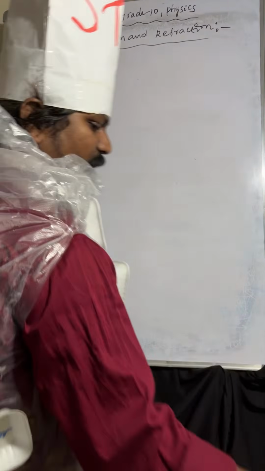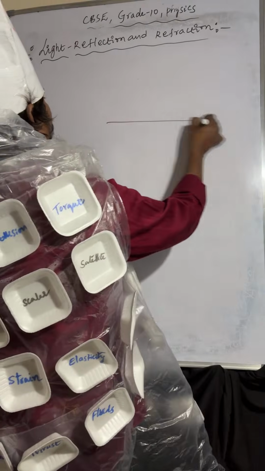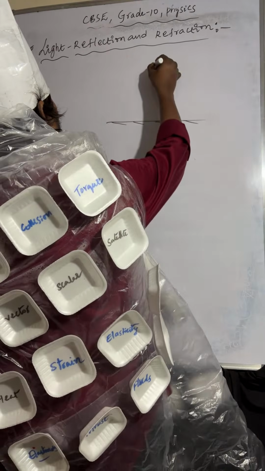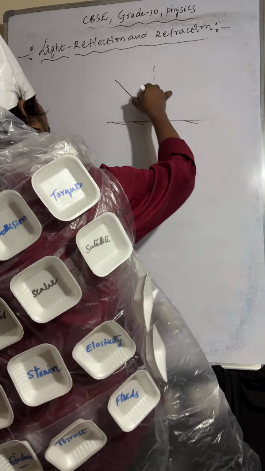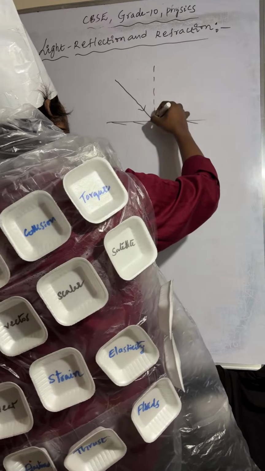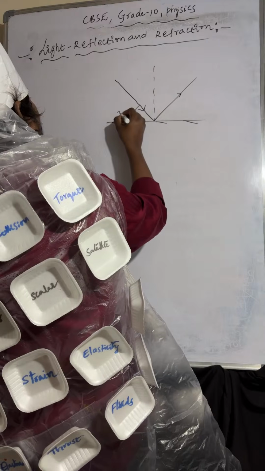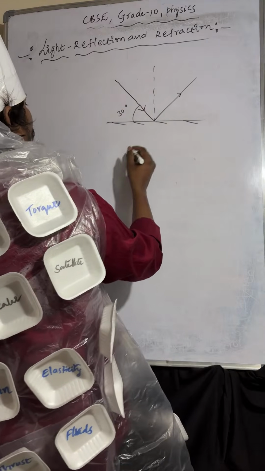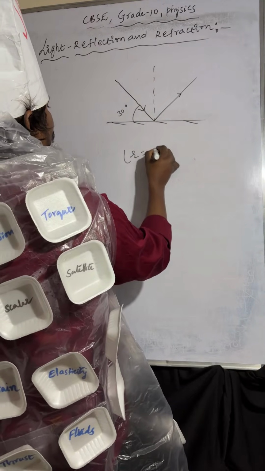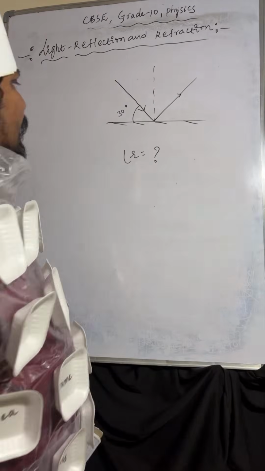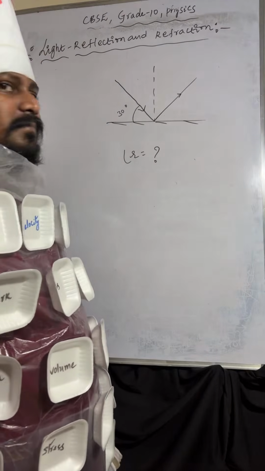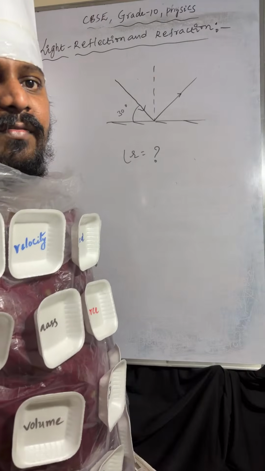So this is a plane mirror, this is the normal line, this is an incident ray and this is a reflected ray. This angle is 30 degrees. So what is the angle of reflection?